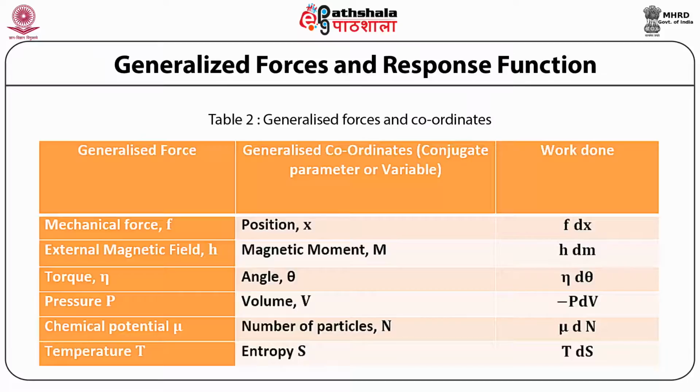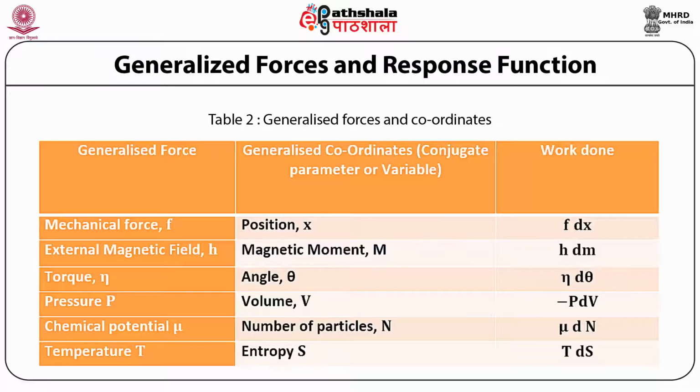For the generalized force called torque, represented by the Greek letter eta, the generalized coordinate is angle, represented by the Greek letter theta, and work done is eta d theta.